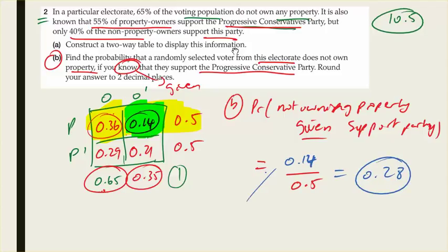I know it's confusing that we have a probability over probability, but that doesn't matter. We're looking at what our reduced sample space is, or reduced total. Our reduced total is 0.5, because we've got tunnel vision, and we're looking at the people that support the political party only. And then we're finding the probability out of these people who don't own property. And it's 0.14 divided by 0.5, which is 0.28.